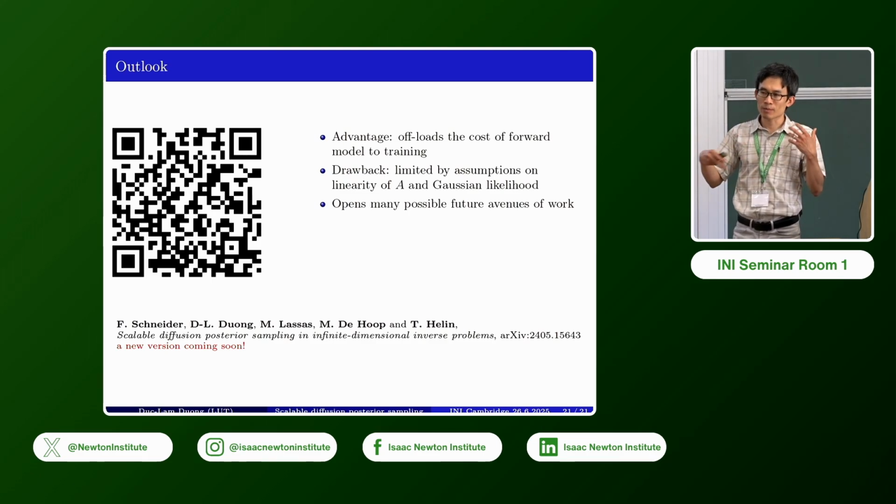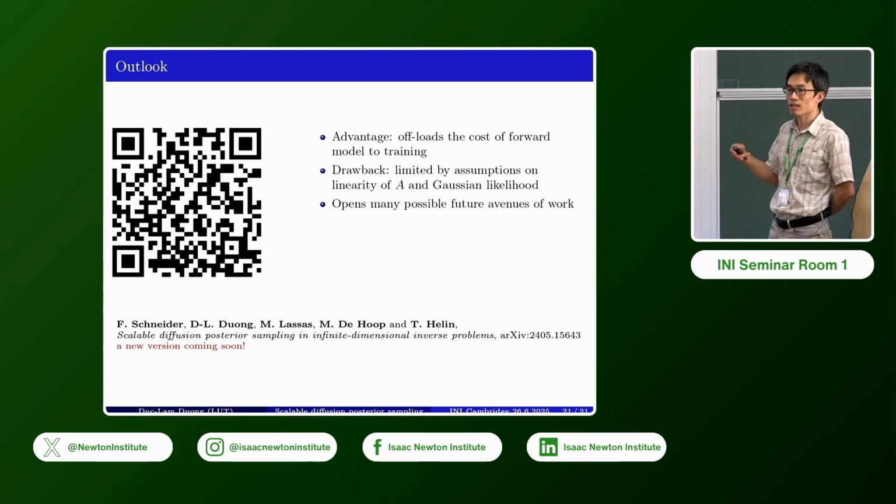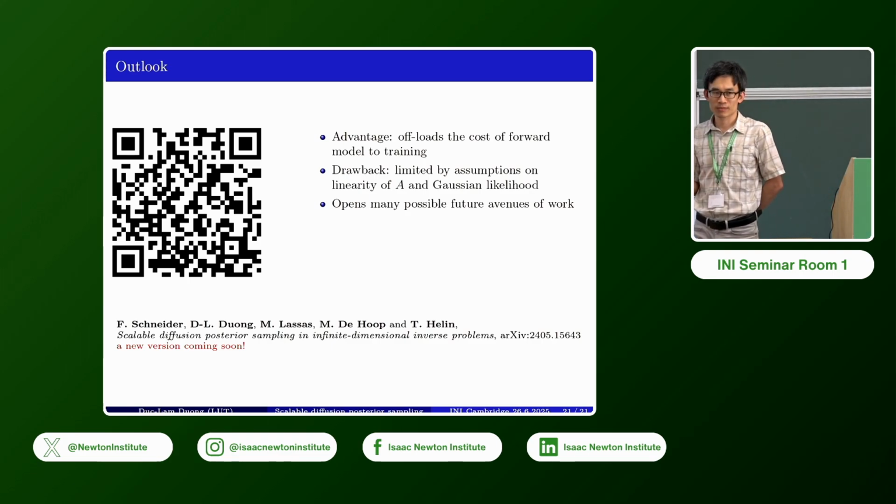But it also opens up many interesting questions that remain future work. Here is the paper, with a warning that a new version is coming soon in a few days. Maybe the title and the name of the method will be changed a bit, but the ideas will remain the same. Thank you very much for your attention.